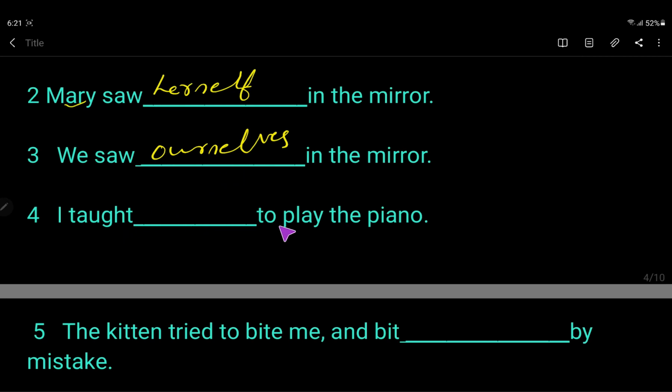I taught blank to play the piano. I taught whom? Not another person, myself. I taught myself to play the piano. Number 5, the kitten tried to bite me and bit me or beat him. No, beat itself. Bit itself by mistake.